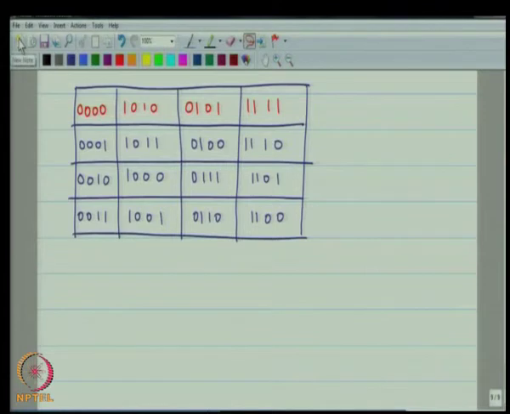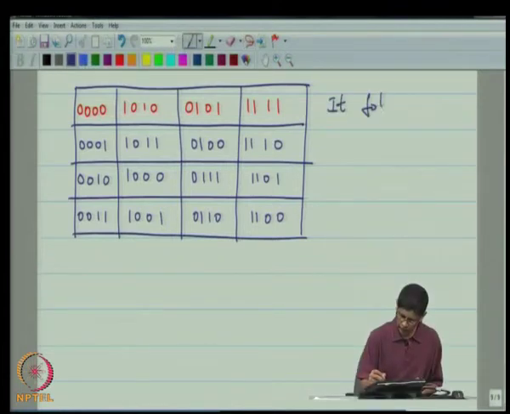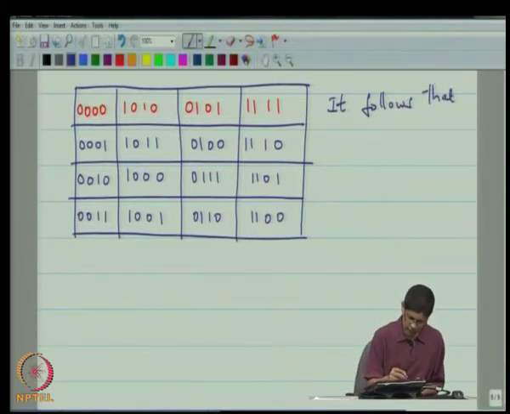It follows, and I am going to circle this column because this is the key here.